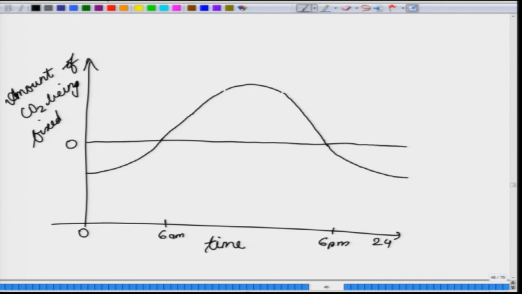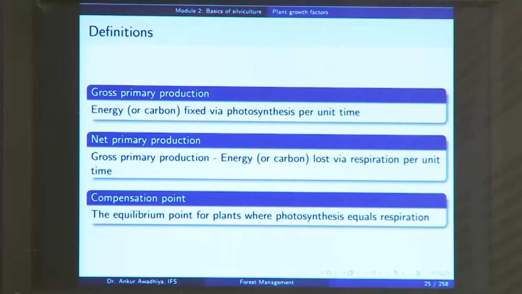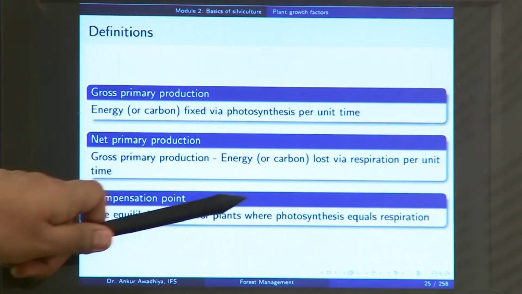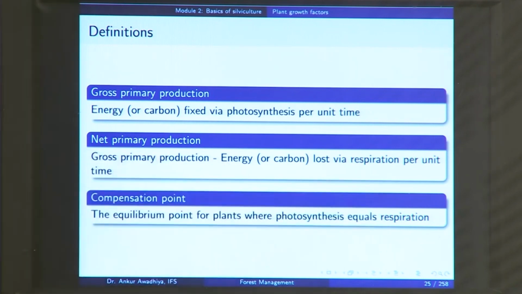So, there is a net release of carbon dioxide, and at these 2 points the amount of carbon dioxide being fixed is equal to 0, because the amount of respiration and the amount of photosynthesis is one and the same. So, both are cancelling each other out. These 2 points are known as the compensation point.